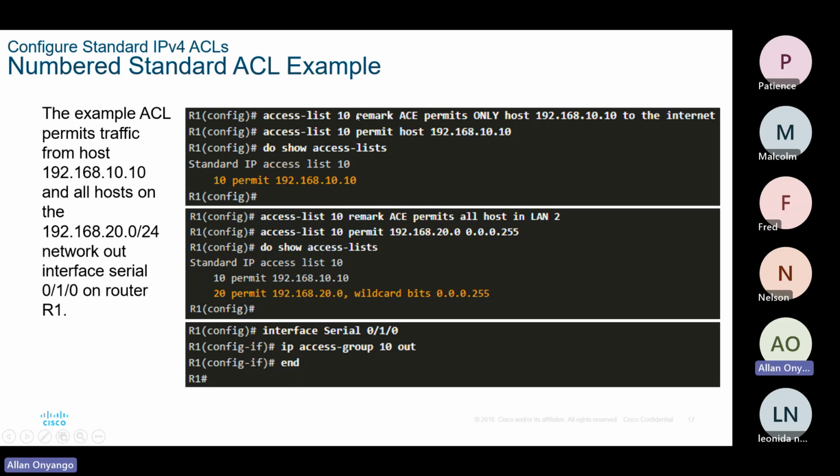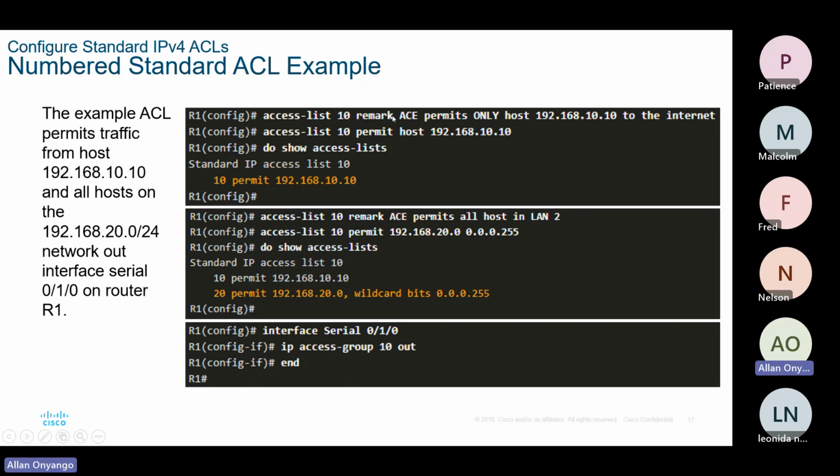So you'll say access list 10, and by putting 10 there, it means it's a number between 1 to 99.